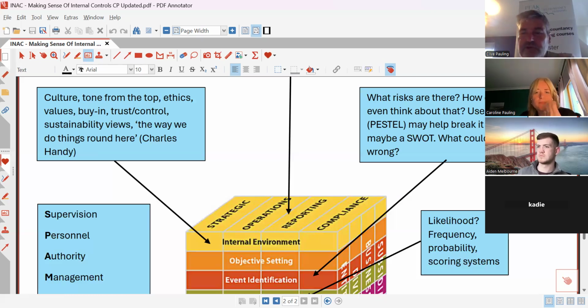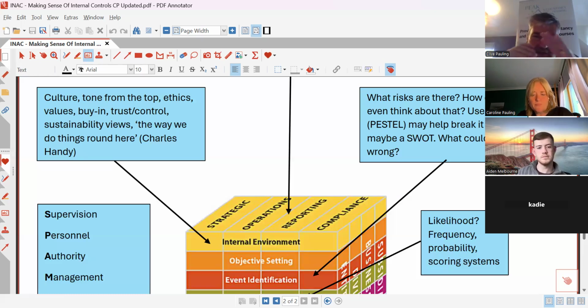So your internal control environment is about setting the right scene, the right culture, ethical values. So if you want to annotate notes as you go along here, ethical values, you're spinning off your PIPCO ethical principles that as accountants we know we've got to live our lives by: professional competency, integrity, professional behavior, confidentiality, objectivity.